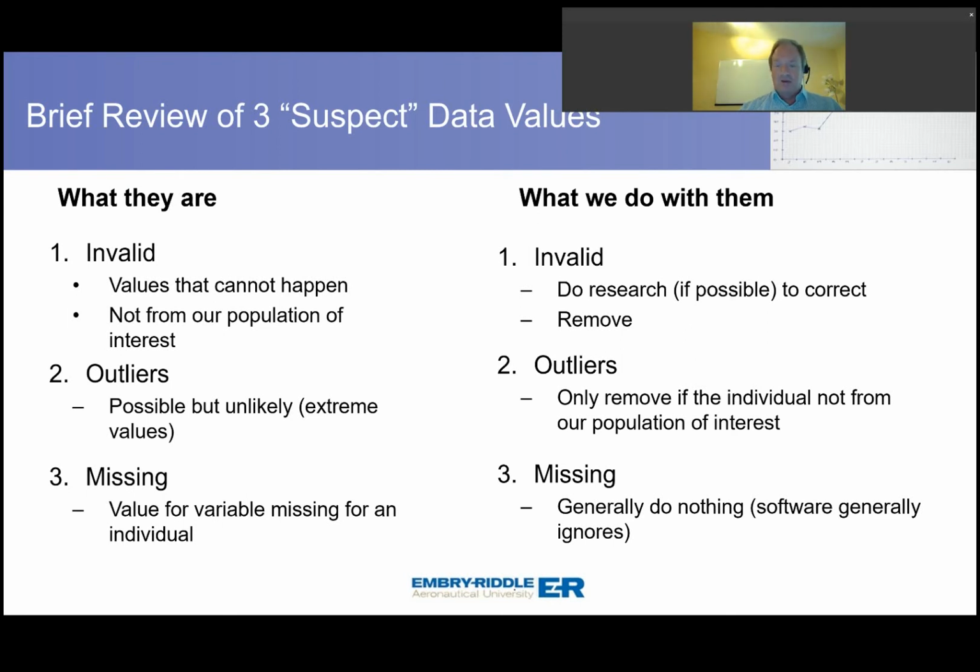And that's kind of the issue, how the data is missing. Was it missing because it was intentionally deleted, intentionally not put in, or was it just not recorded by accident? We generally don't know those details.